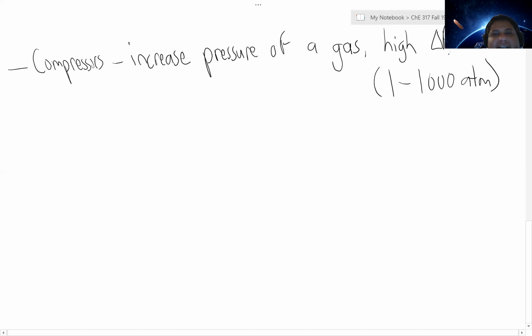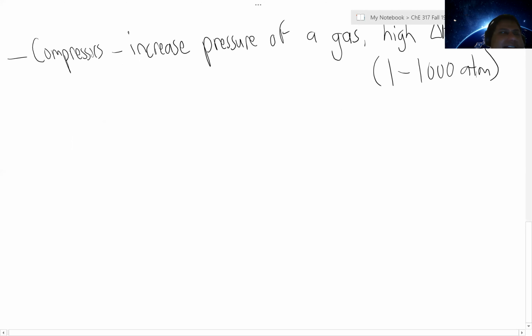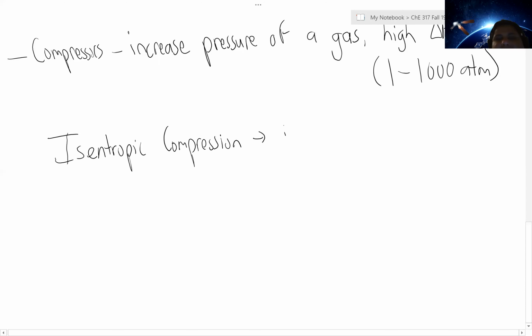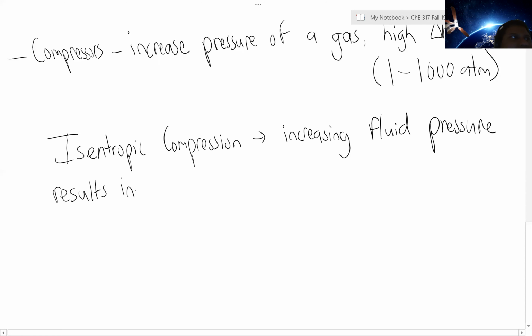Like our discussion that we had on compressible flow, we can typically put these systems into one of 3 categories: isentropic, adiabatic, and isothermal. One thing we also often consider with an isentropic compression is how increasing our fluid pressure results in an increase of fluid temperature.